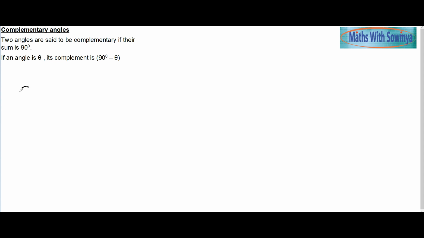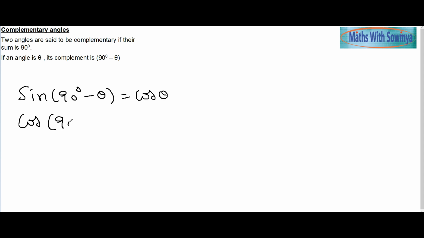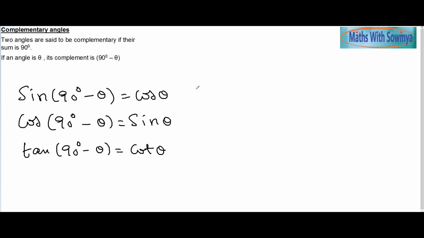Sine of 90 degrees minus theta gives cos theta. Cos of 90 degrees minus theta is sin theta. Tan of 90 degrees minus theta is cot theta.